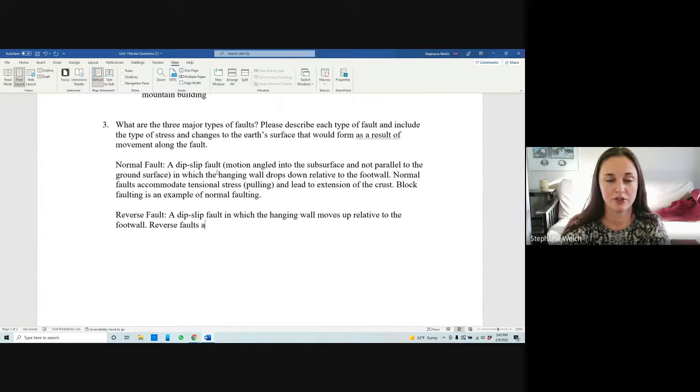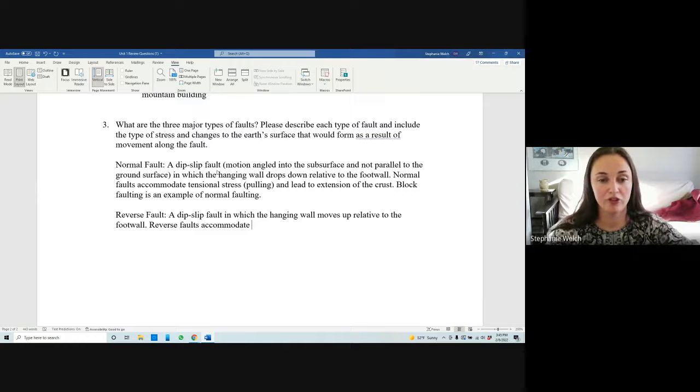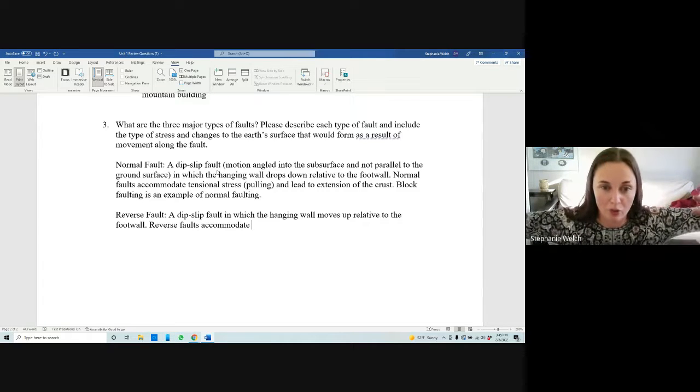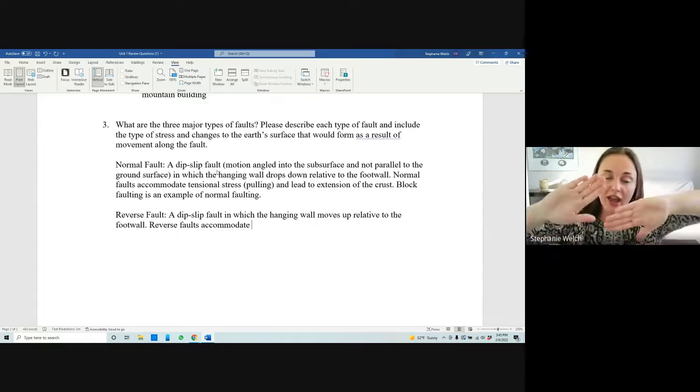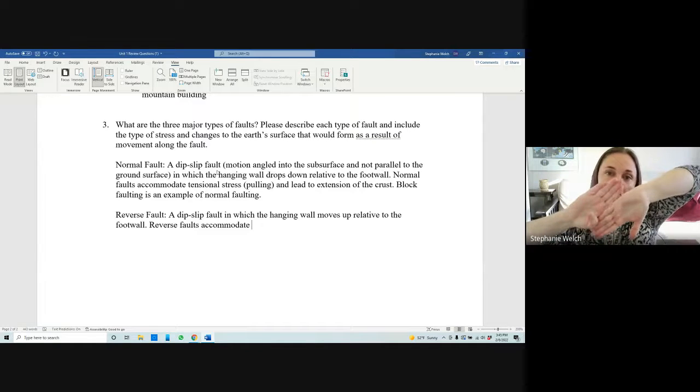Reverse faults accommodate the opposite of tensional stress. So a reverse fault is a fault in which you're actually pushing from either side. And when you're pushing instead of pulling, the hanging wall is instead going to move up.